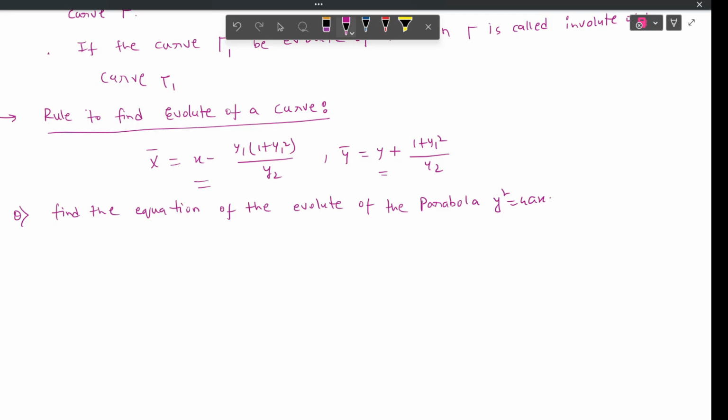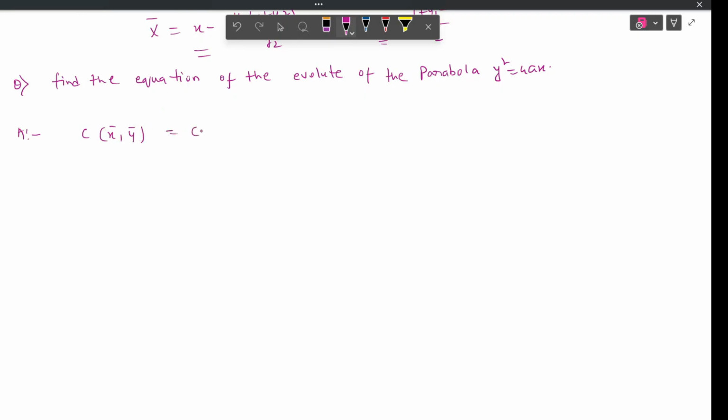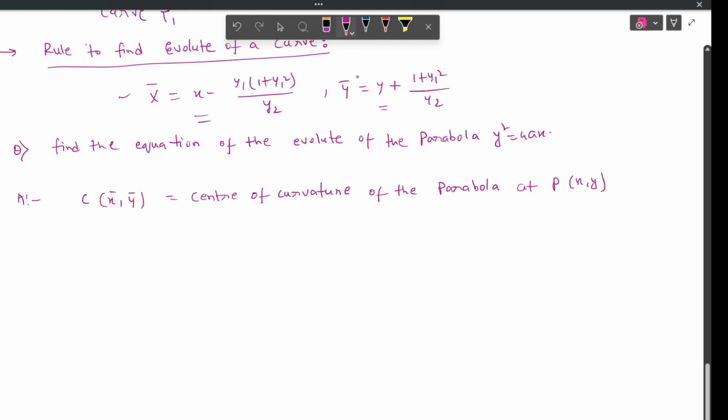So let's see how to find the evolute. Let x bar, y bar be the center of curvature of the parabola at P (x, y), and we know that x bar is this and y bar is this.